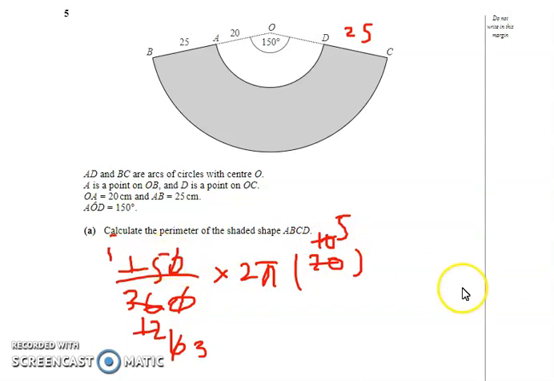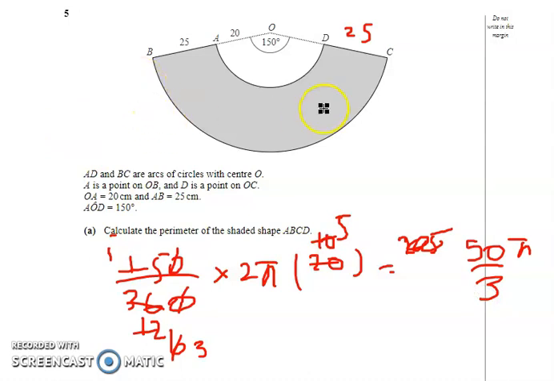Okay, so this is 5 5s are 25. And multiply by 2 also, so that will be 50 pi over 3.